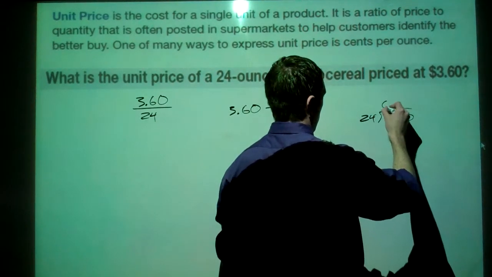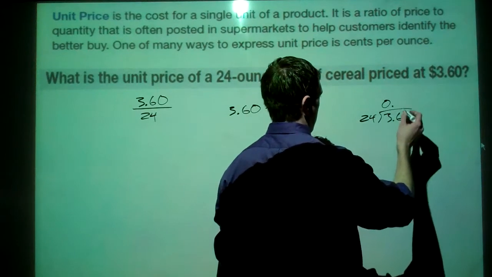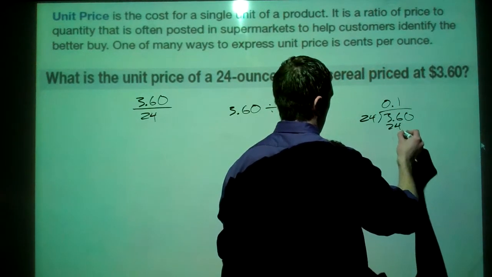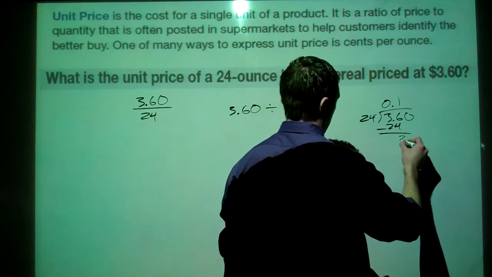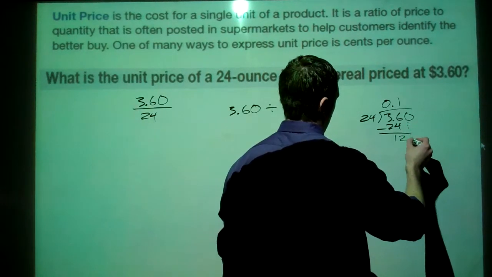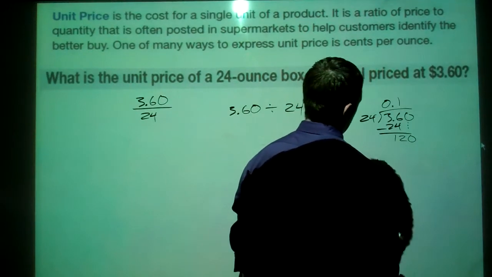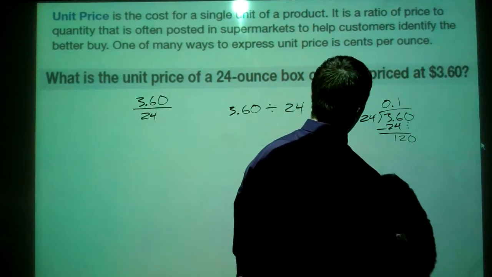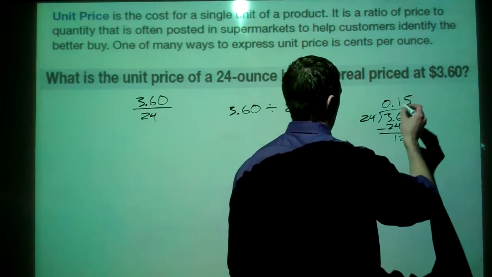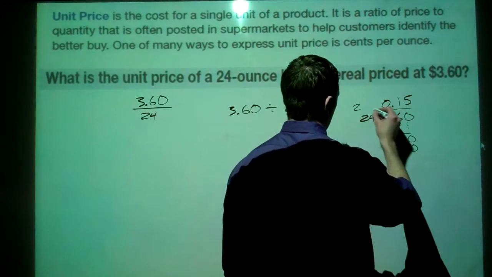24 goes into 3 0 times, it goes into 36 once. Subtract, we get 12. Drop this down. 24 goes into 120, see, 5 times? 5 times 4 is 20. There we go.